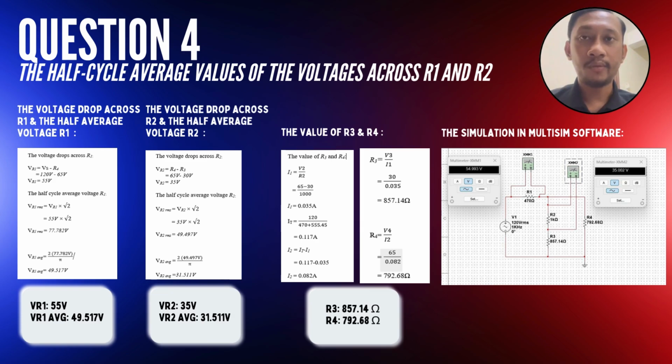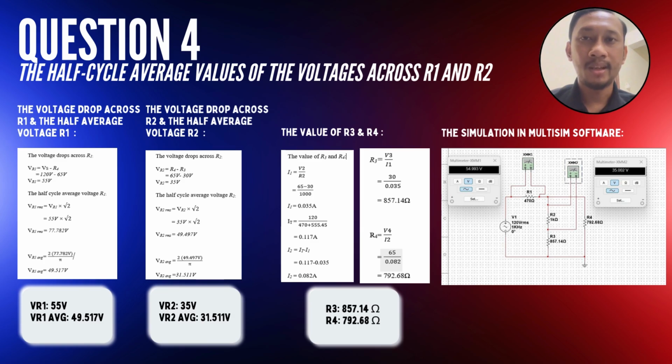The result of the calculation shows that the half cycle average voltage across R1 is 49.517 volts and across R2 is 31.511 volts. This result can be verified using simulation software like Multisim, which allows for a more accurate representation of the circuit behavior.